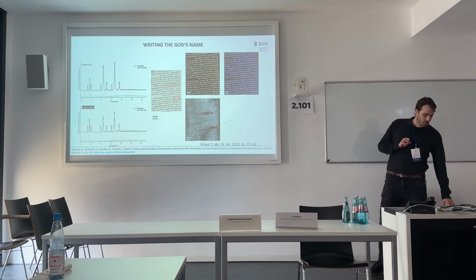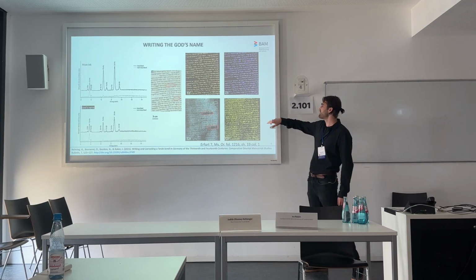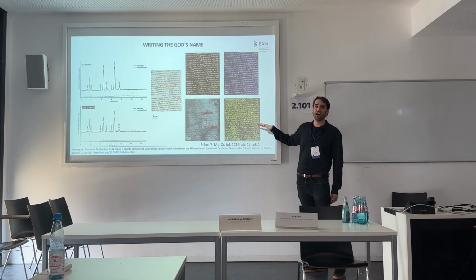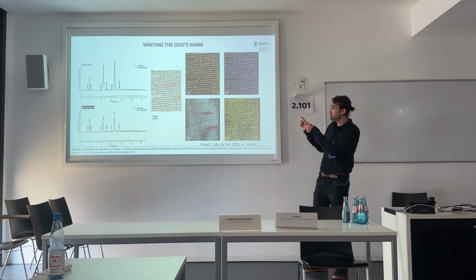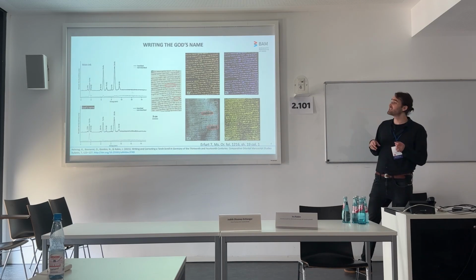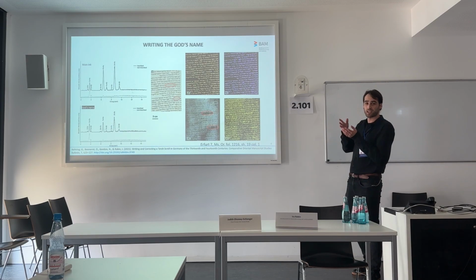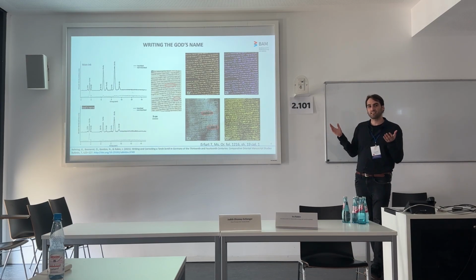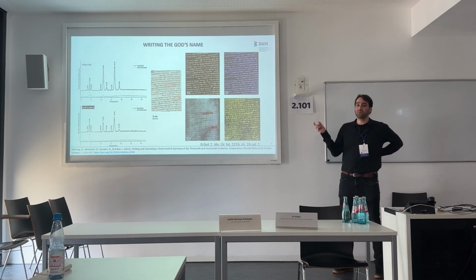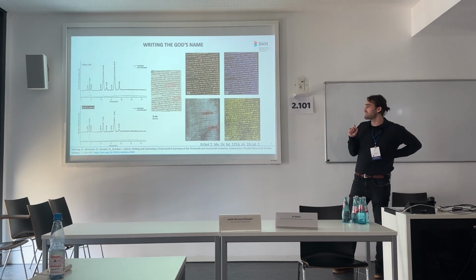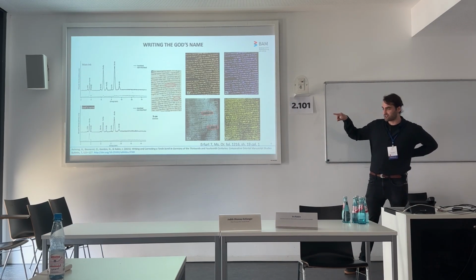Now let's move to the map of copper. And here, if we look at all those areas, we see that first of all, the God's names were definitely added to the text. And the same with the corrections. Now comparing all of this information together with the information about the same elemental makeup of the inks from God's names and corrections, we clearly see that those were added, but more than that, the God's names were added together with corrections that have been introduced in those areas with the reduced amount of calcium encircled in red.